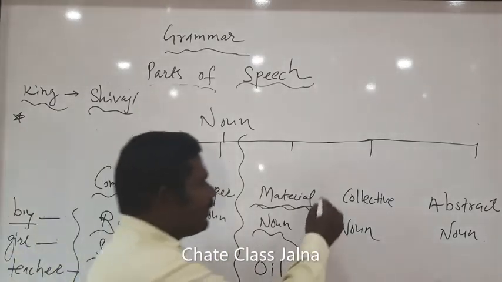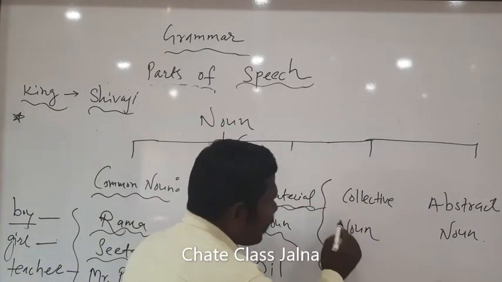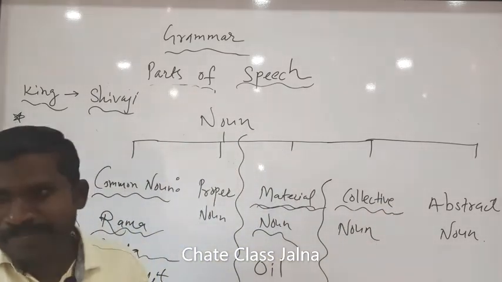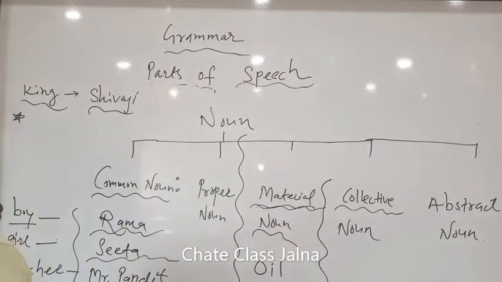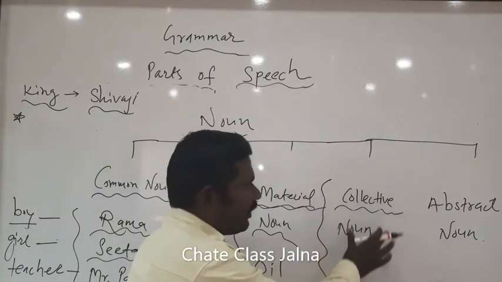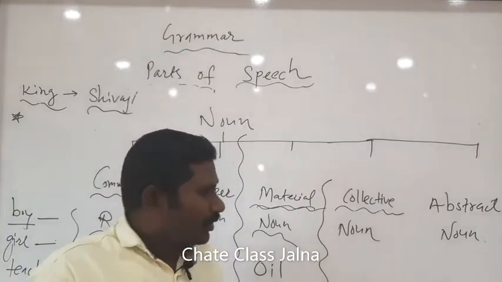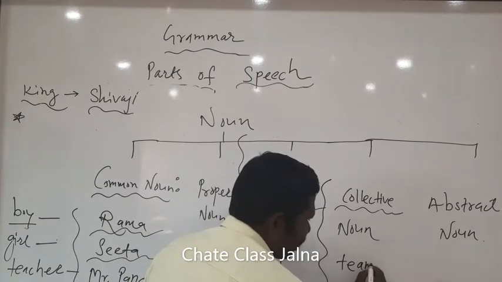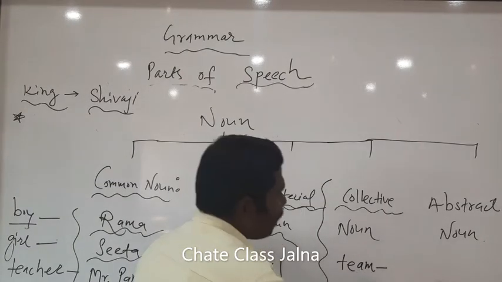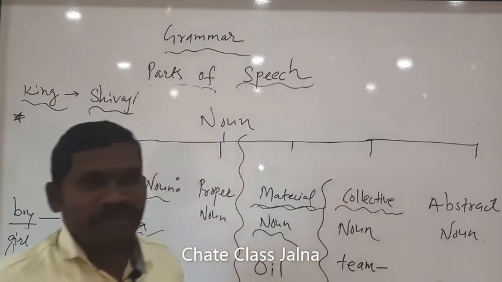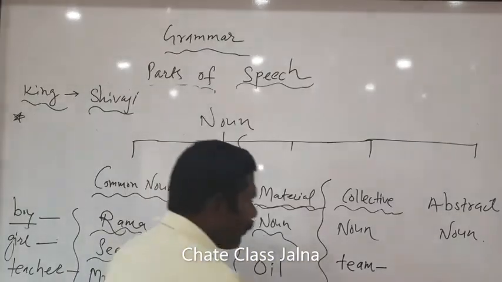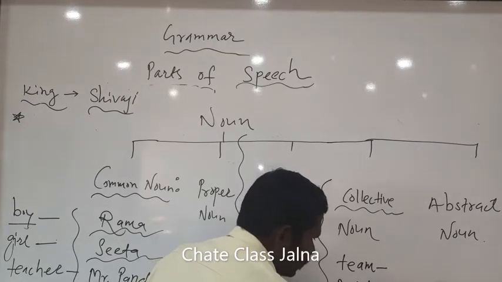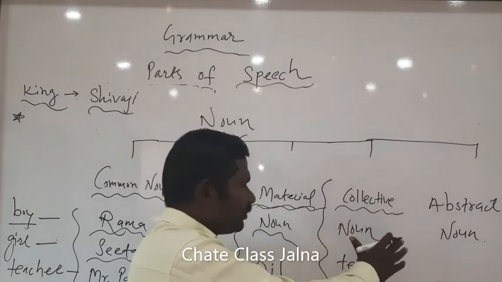Fourth one, in collective noun, here also the word itself tells us that it is collection of something. The collection of something, it's collective noun. For example, team of players, team, collection of the players, collective noun. Then pride of lions, this pride is also collection.